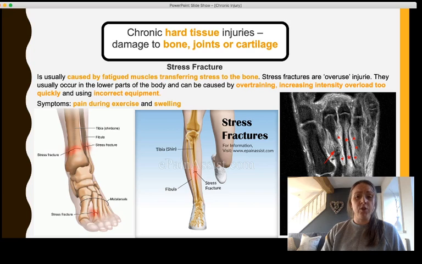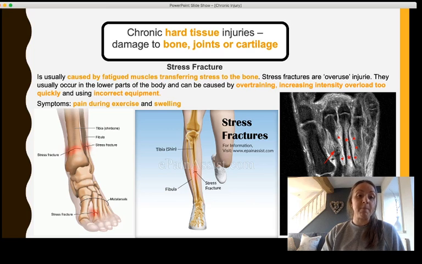A runner in training takes about 100 steps per minute, and about 3 to 4 times a person's body weight is the load that's going through the lower limbs each time those limbs hit the floor. So we can imagine over a period of time that repetitive stress on the lower limbs can end up in these stress fractures.